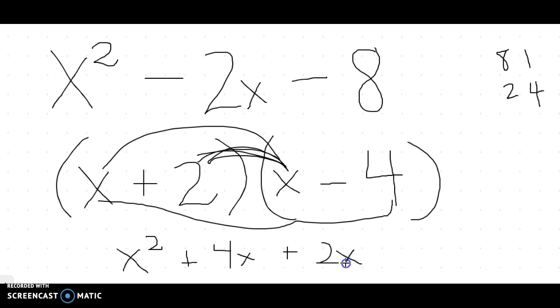And then finally in the FOIL method, I had my first, then my outers, then my inners, and L stands for my last. So last value in each set. So this is positive 2 times -4 gives me my -8. And if I combine these like terms here, okay, oh, this is supposed to be a negative, right?